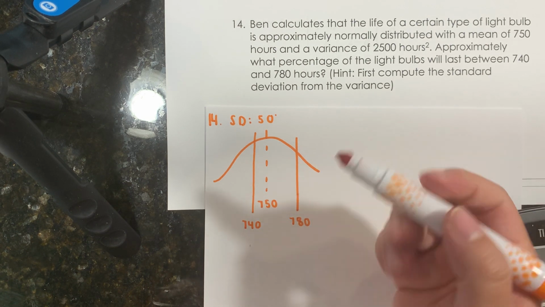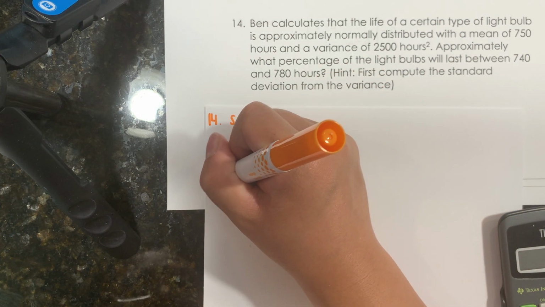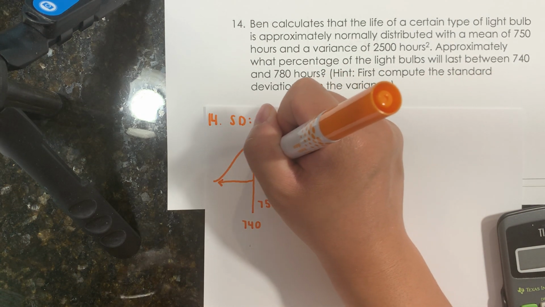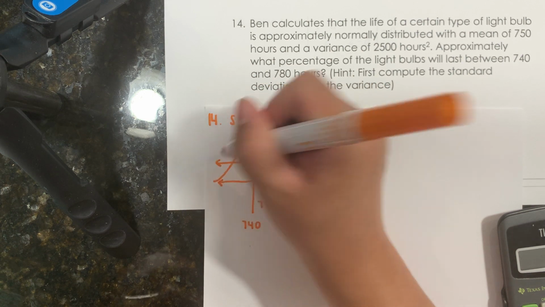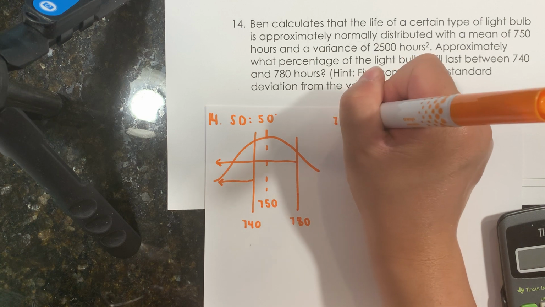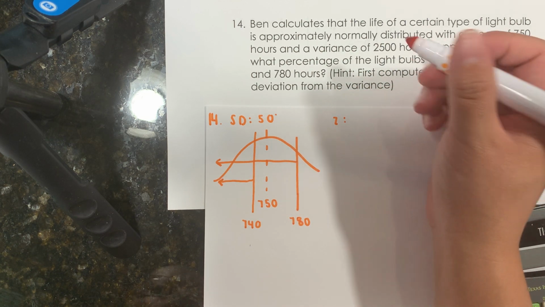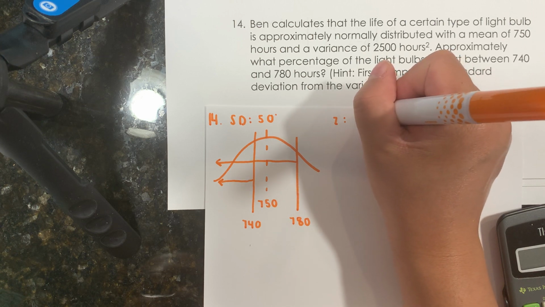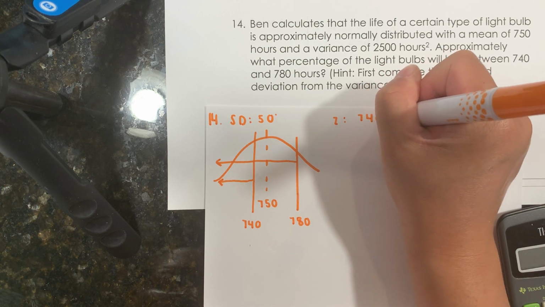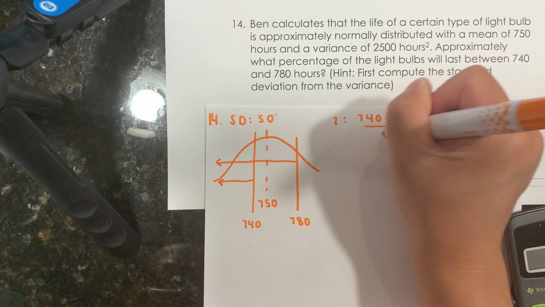So what I'm going to do is find the percentage below 740, so from here to here, and then find the percentage that's below here. And then I'll find the difference between the two of them. So that means I need to calculate the z-score for each. And the way you do that is x minus the mean, divided by the standard deviation, which is 50.